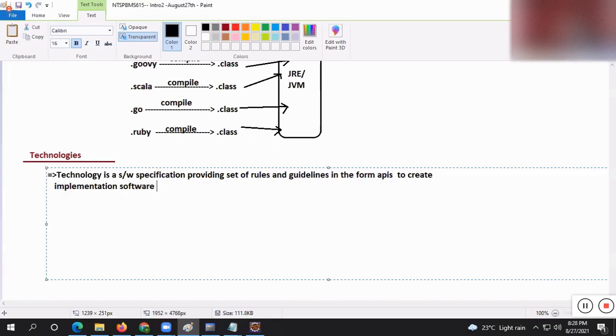I'm preparing background to explain what a framework is. Implementation softwares are created using one or another programming language. Right.